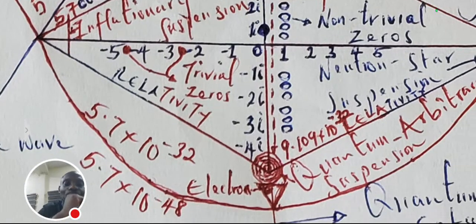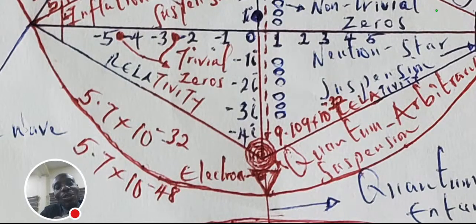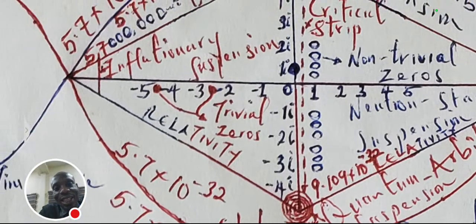So now we can see that the zero point at which the momentum of light speed is discontinuous, in order to support mass accumulation at classical level, is the reason we have these trivial zeros. Why?